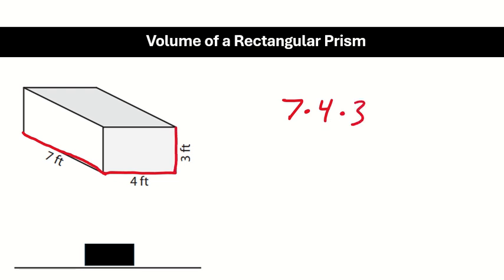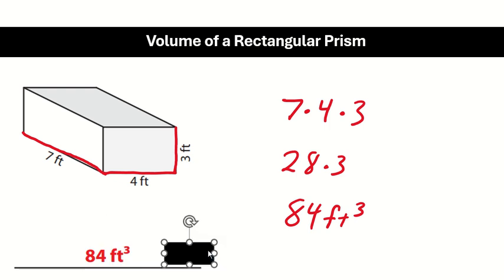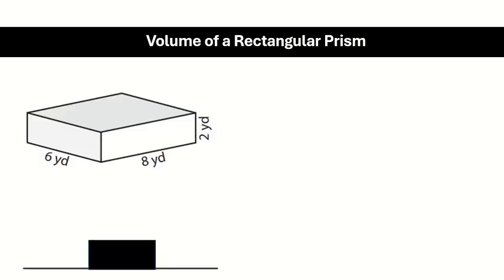And if we multiply those together, length times width times height will always give us the volume of a rectangular prism. So 7 times 4 is 28. And 28 times 3 is 84. So we should have a volume of 84 feet cubed. See if we're right? Boom! We're totally right. So let's keep going.